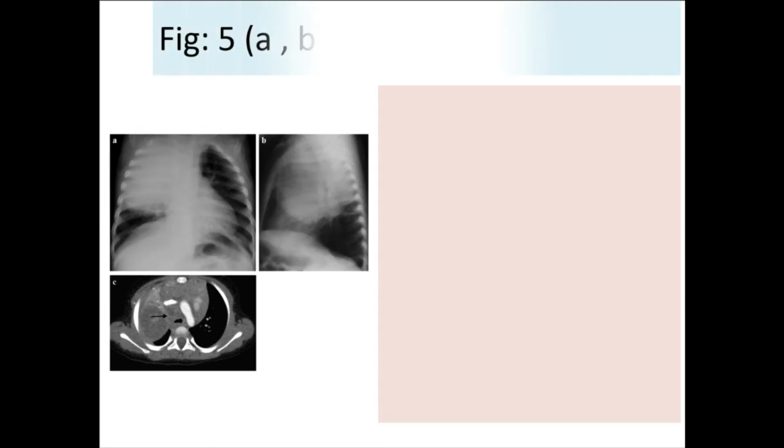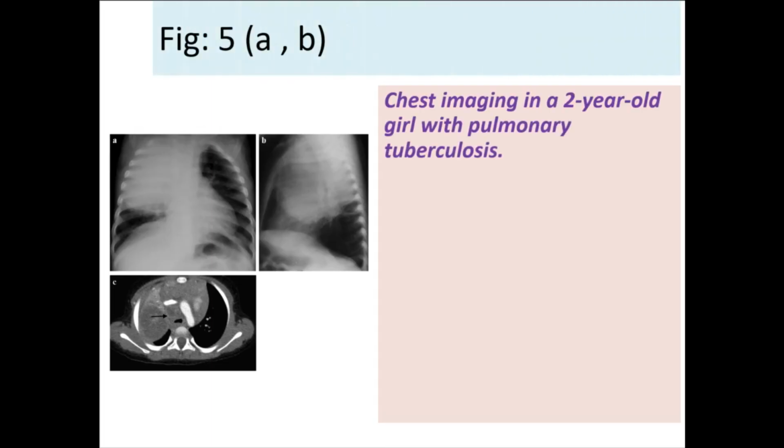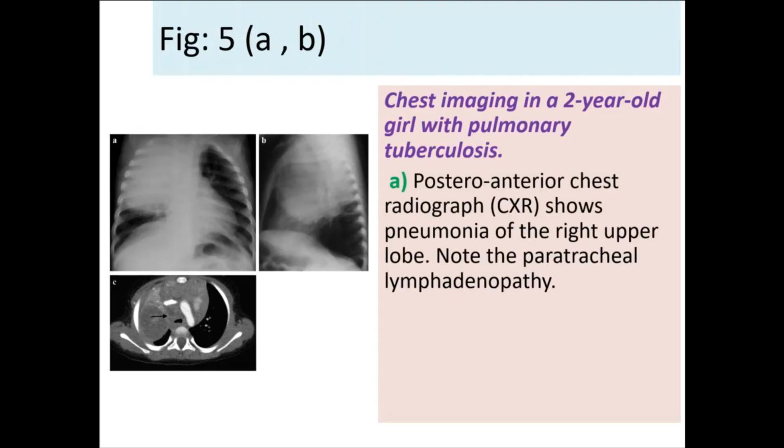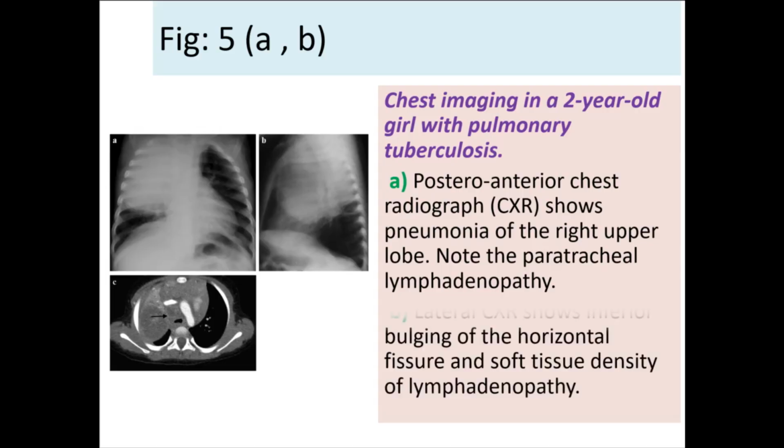Figure 5a-b. Chest imaging in a 2-year-old girl with pulmonary tuberculosis. A postero-anterior chest radiograph, CXR, shows pneumonia of the right upper lobe. Note the paratracheal lymphadenopathy. Bilateral CXR shows inferior bulging of the horizontal fissure and soft tissue density of lymphadenopathy.